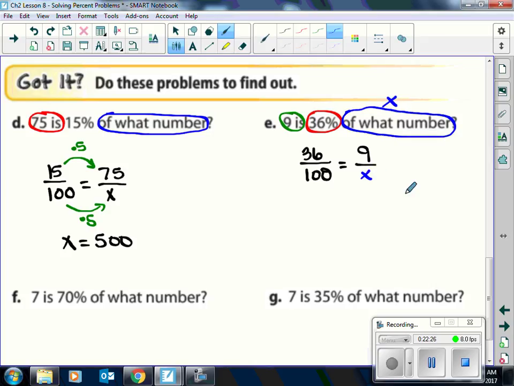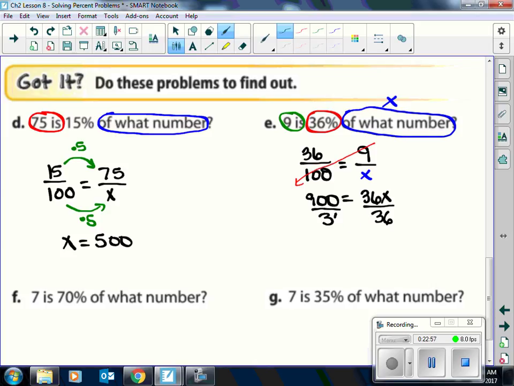So let's solve this by cross multiplying. So on one side we have 9 times 100, which is 900, equals 36 times x. Now, how do I get that x by itself? We're going to divide by 36. You're going to divide by whatever's in front of the x, okay?